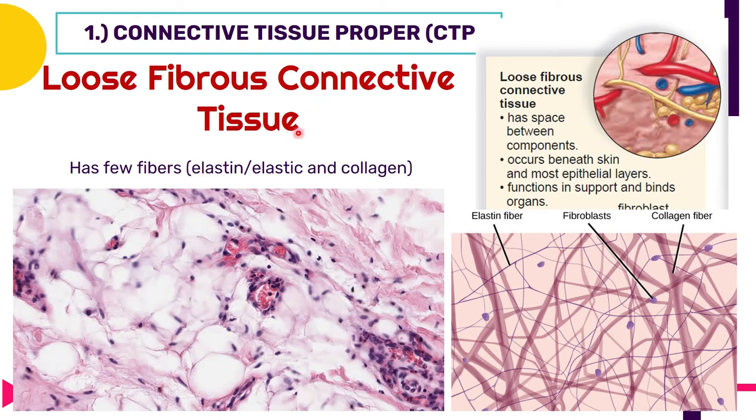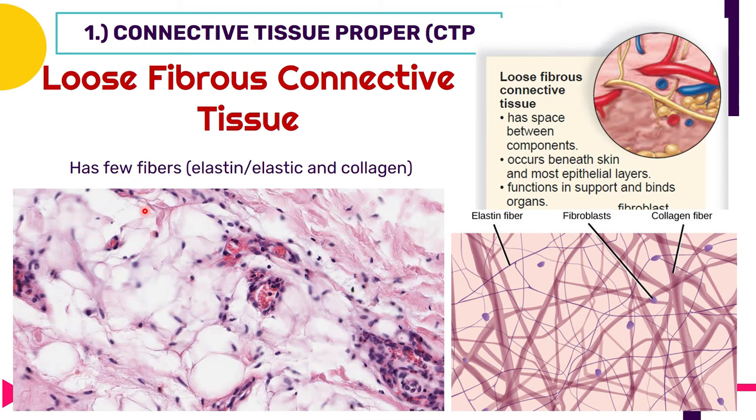That is because it is made up of fibers. And ang pinaka-remarkable niya nga characteristic, makaingon ta that this connective tissue is loose, that is because it has spaces. And it is fibrous because it is composed of fibers. But few lang siya nga fibers.